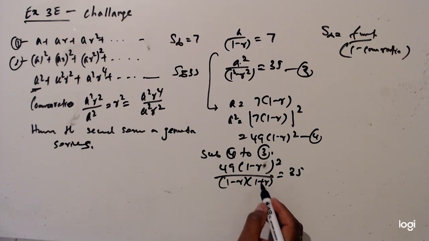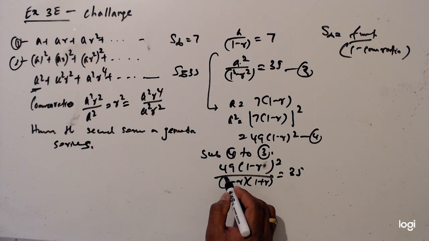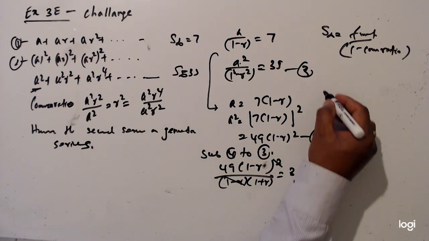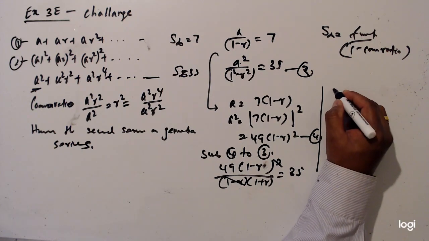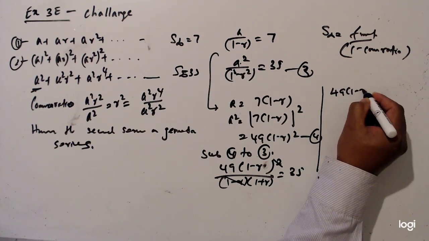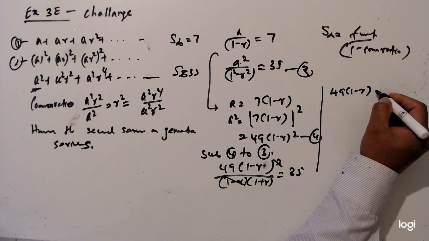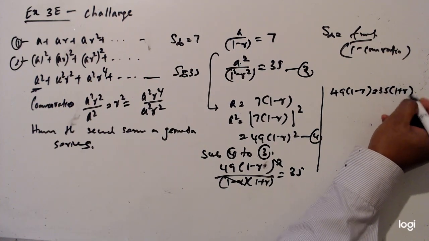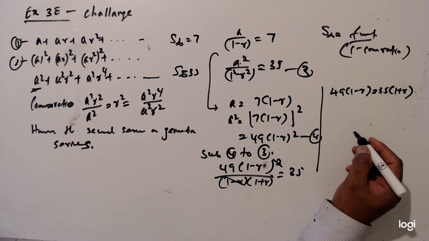Now 1 minus r is cancelling. So 49 times (1 minus r) equals 35 times (1 plus r), cross multiply.